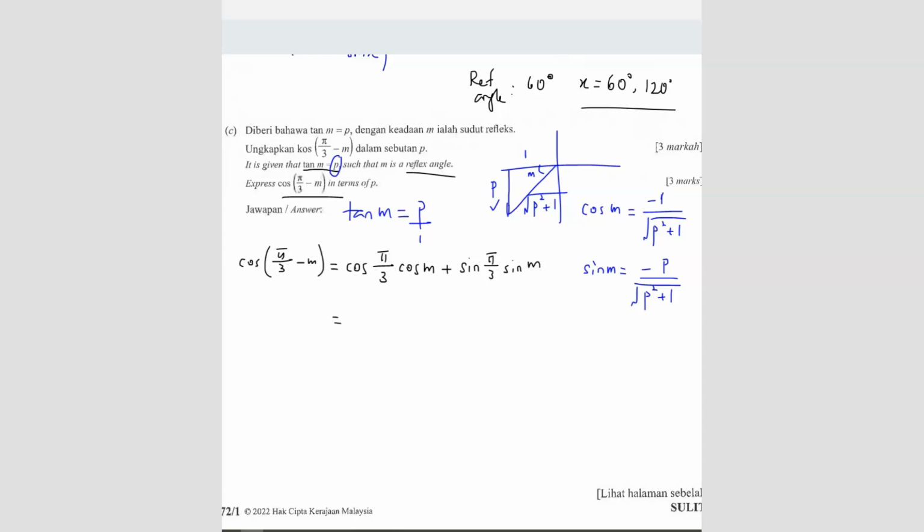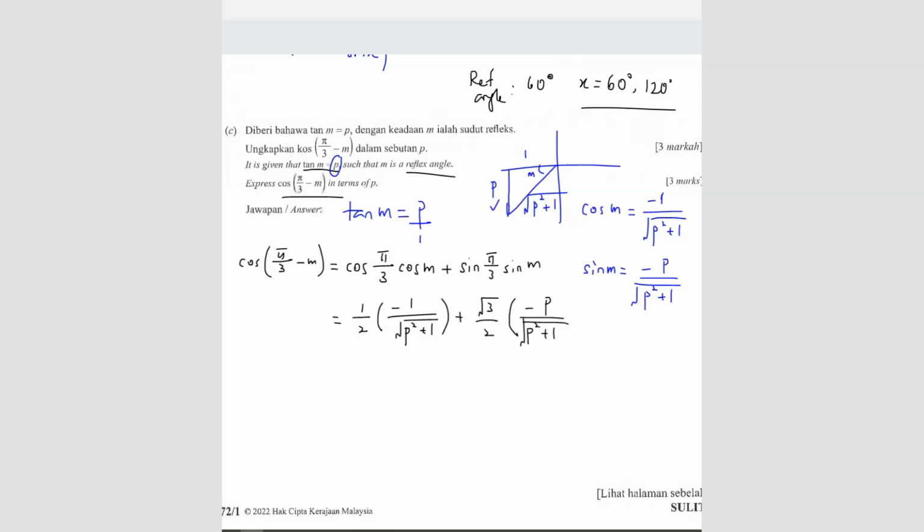Cos pi over 3 we know is 1 over 2. Cos M we have already found, negative 1 over the square root of P squared plus 1, plus sine pi over 3, which is root 3 over 2, multiplied by sine M, which we have already found.